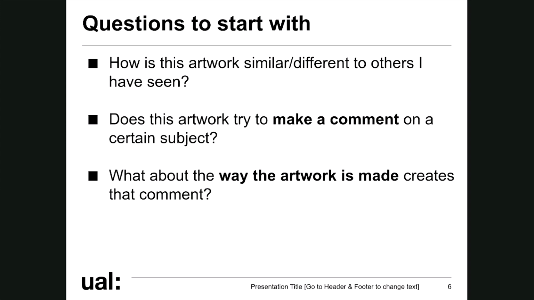We look at the colors that have been used, we look at the composition, we look at the way in which the paint has actually been applied to the canvas, and we see if we can find some formal quality which helps us to justify or to give evidence to this supposed comment or angle or mood that we see. So we need evidence, and we're looking for that evidence to back up what we're seeing in it, and we can do that through aligning formal qualities with those points. I hope that's clear.